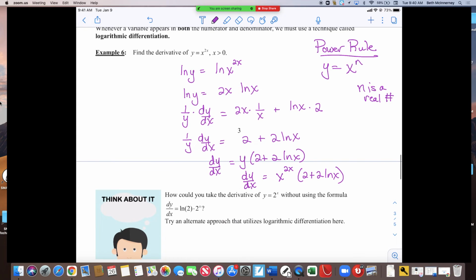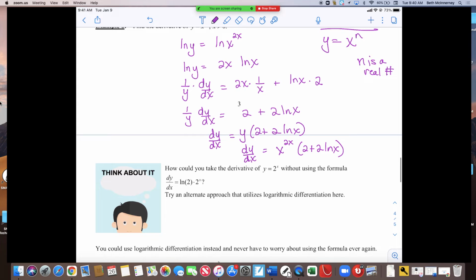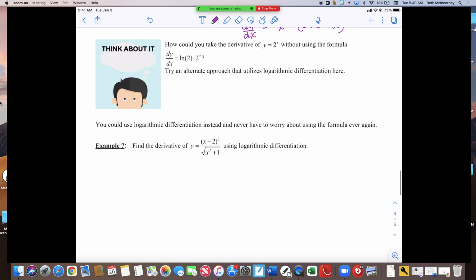It says, find the derivative of y equals x minus 2 the quantity squared over the square root of x squared plus 1 using logarithmic differentiation. So watch this. I could do the natural log of y equals the natural log of x minus 2 squared, and I'm going to go ahead and be proactive because I know where I'm headed, and change that square root to the quantity to the 1/2 power.